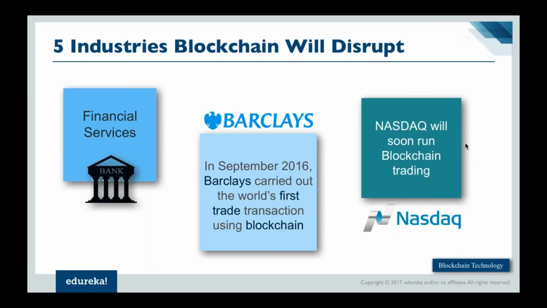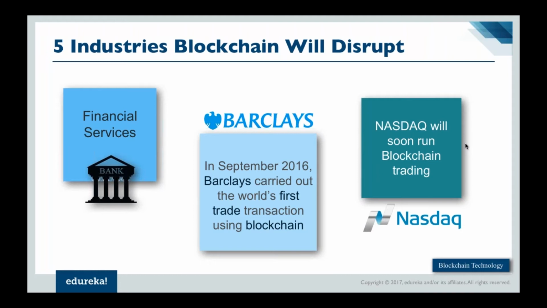Nasdaq has decided to also use blockchain for trading. They will soon be running a proof of concept. They're also trying to use blockchain for voting. So these are a few of the use cases in the financial industry. Of course, there are more, like AML and KYC related use cases. There are some loan related use cases as well, which are being discussed in the financial services space.